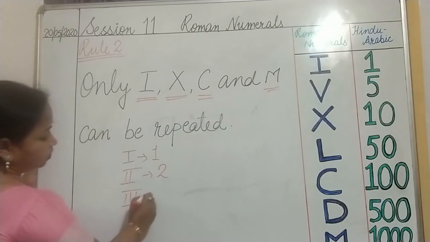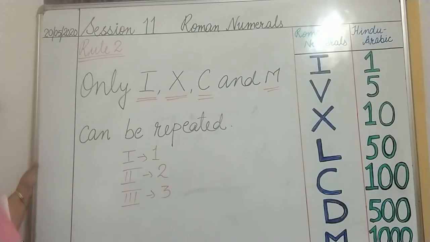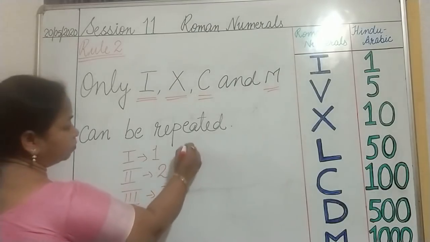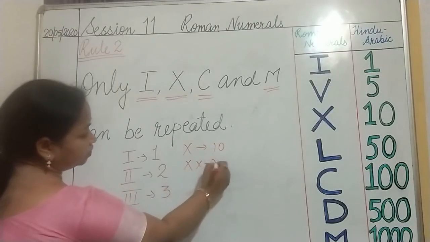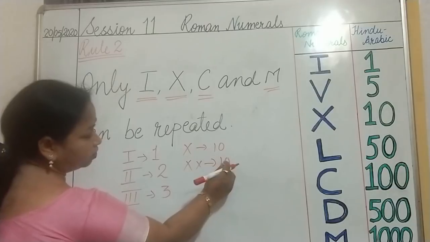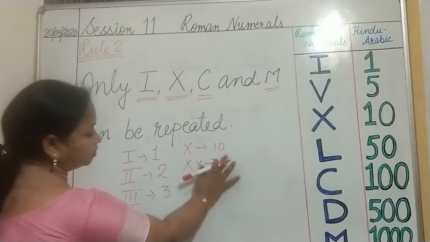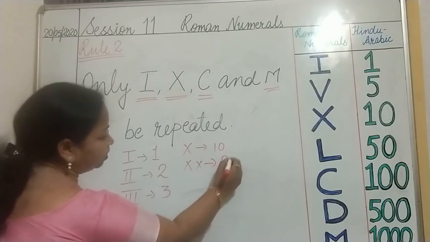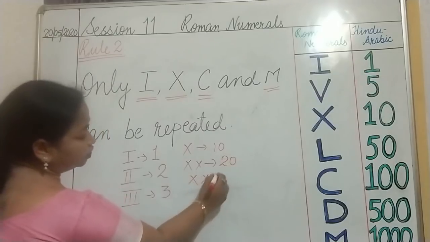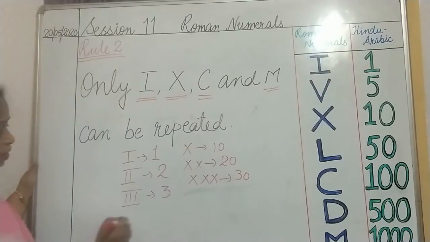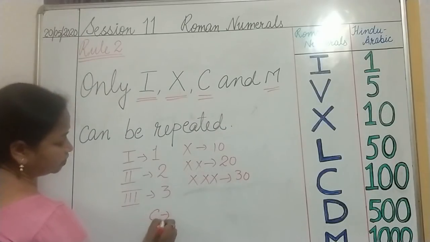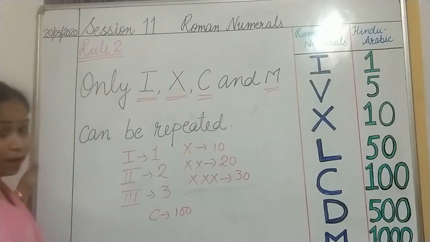Triple, we say it is 3. Then for X, if it is 10, and double X, it means 20. If it is triple, it means 30. Similarly, if you have a single C, the value is 100.